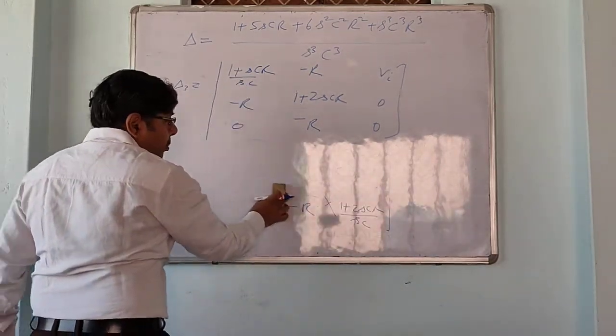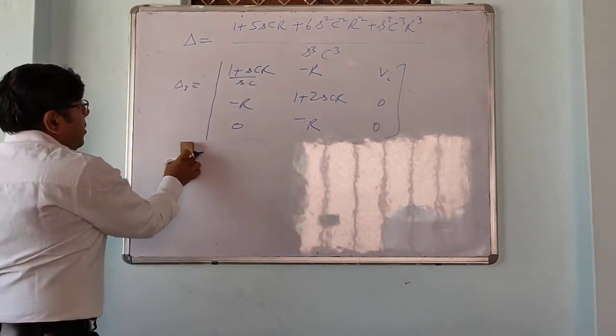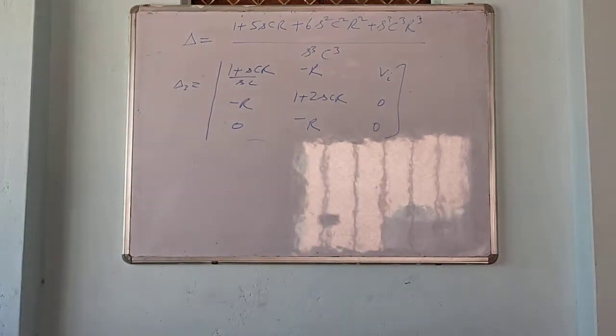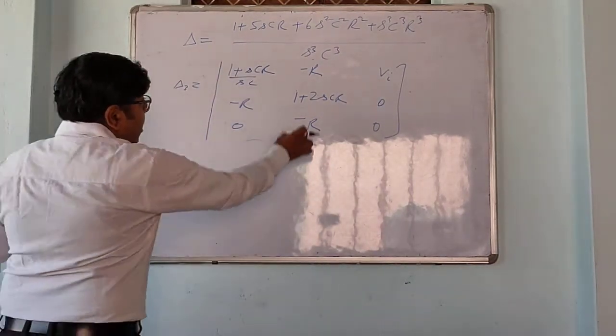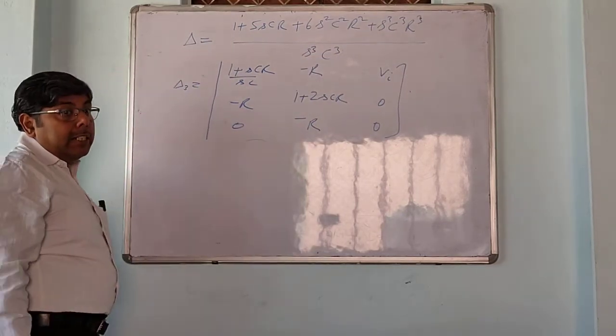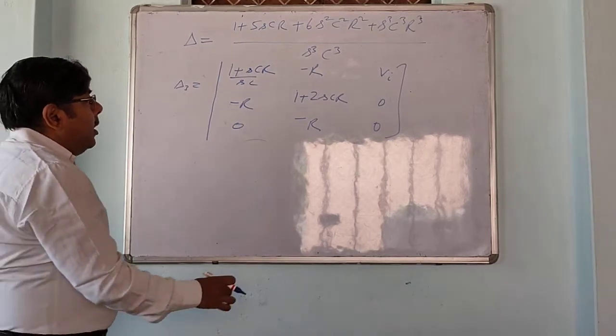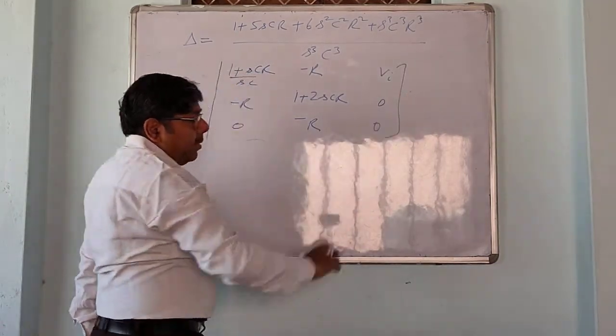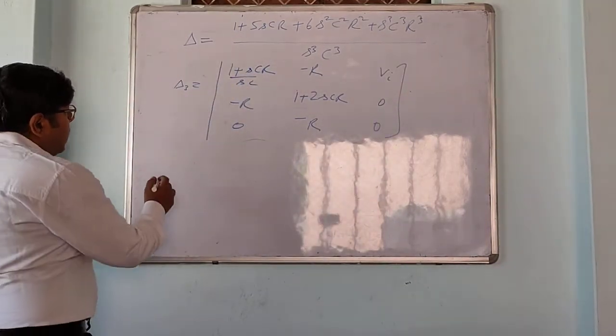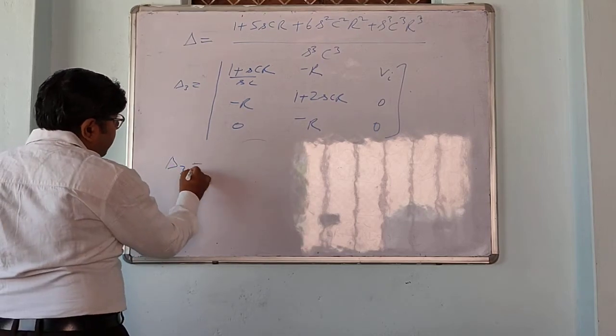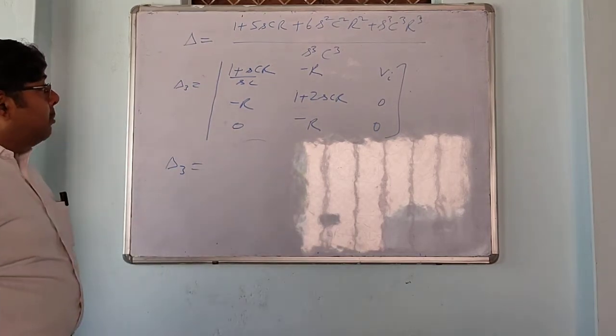Only the last column is replaced for delta 3. If delta 2 is required, then we will replace the second column. If delta 1 is required, we will replace the first column. So for delta 3, you have to replace the third column by the right side. After expansion, again I am writing directly. You have to solve this determinant.